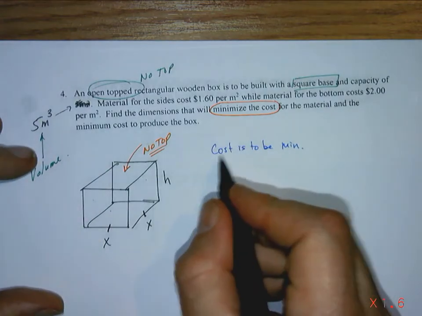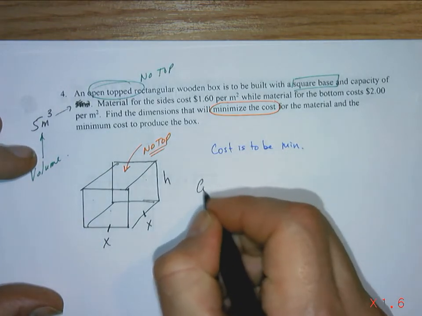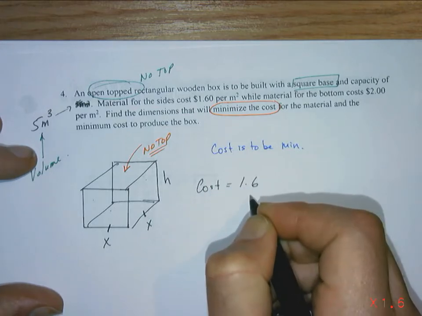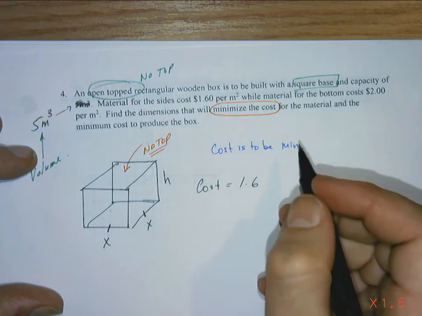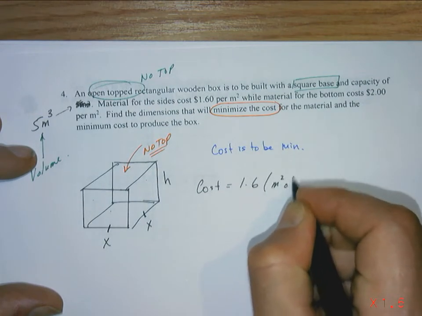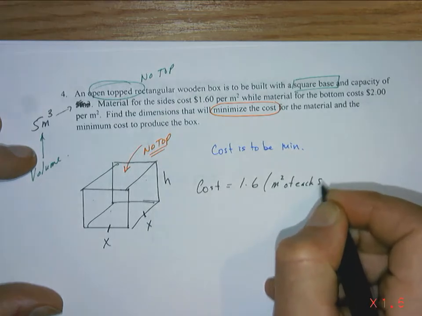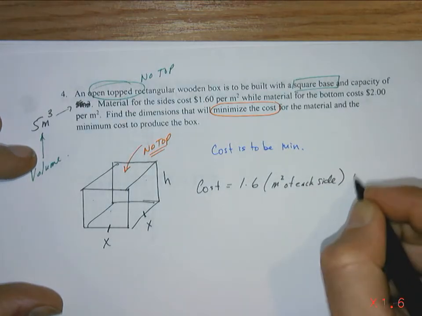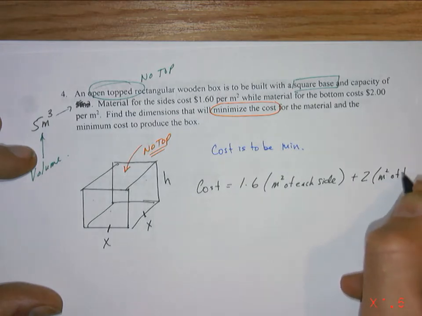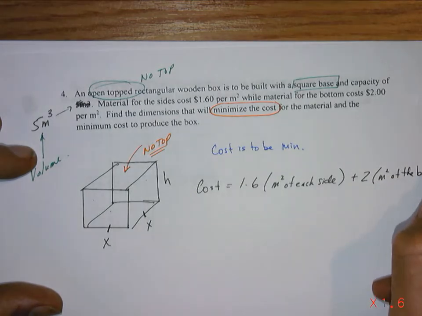So what we need is a cost equation. So a cost equation is going to be $1.60 per meter squared for each side. So per meter squared of each side. And it's going to be $2 per meter squared of the bottom, or the base.